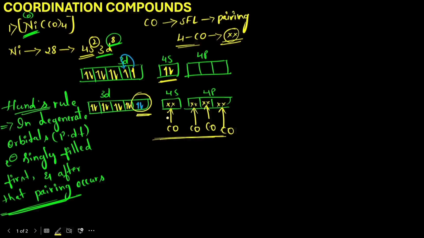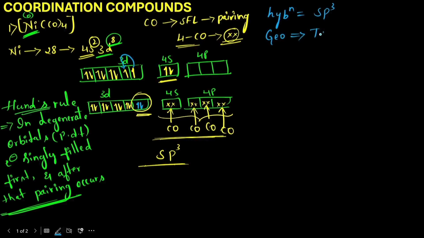In this case, how many orbitals are involved in bond formation? One s orbital and 3 p orbitals are involved, hybridized to give sp3 hybridization. What is the geometry according to sp3 hybridization?